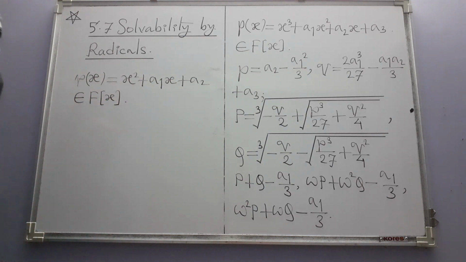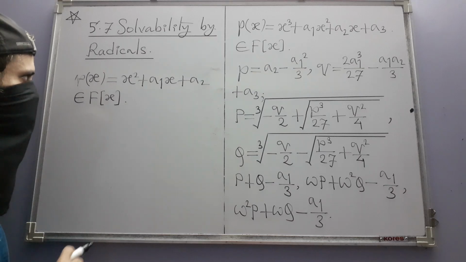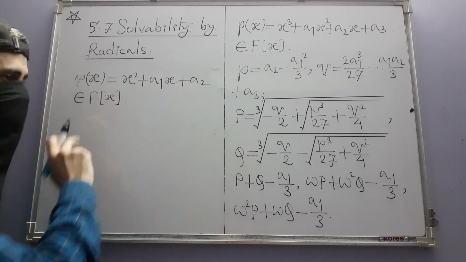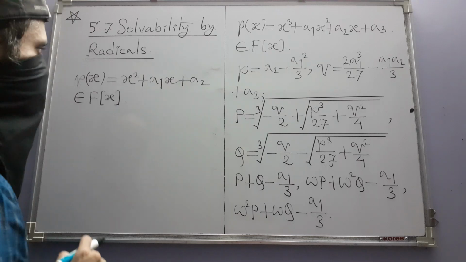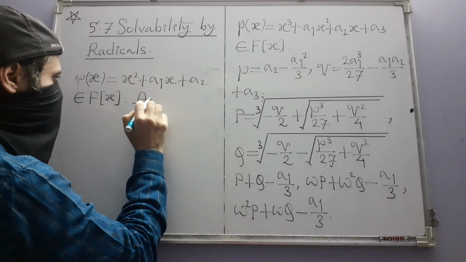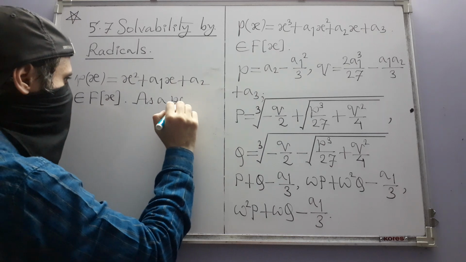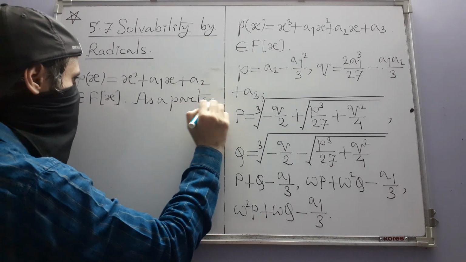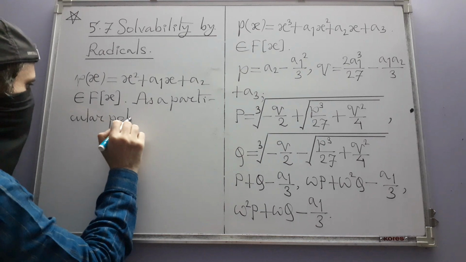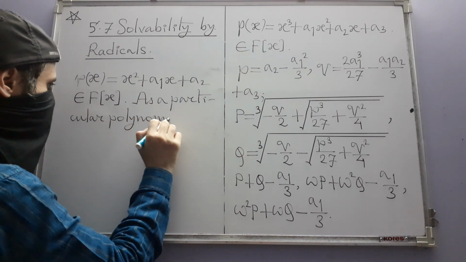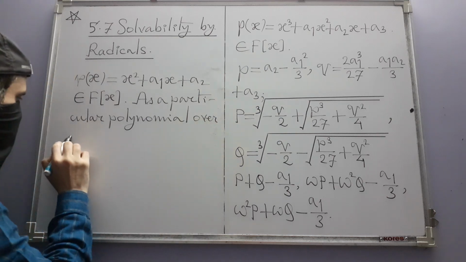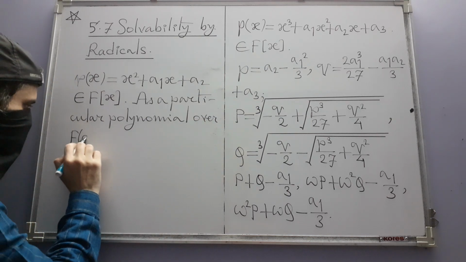Now, in order to have a smooth discussion, instead of thinking of this as a general polynomial over F, we can think of it as a particular polynomial over this field.